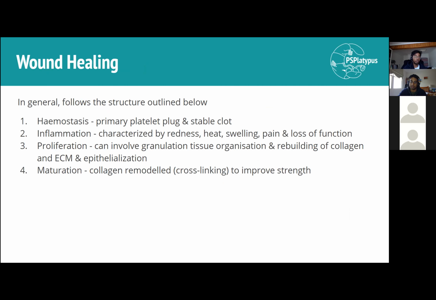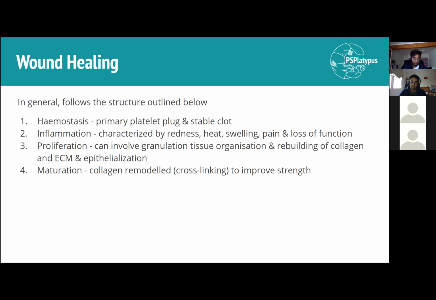But now we're gonna go through typically what happens in wound healing. So there are 4 different steps, right? Hemostasis, hemo meaning blood, stasis meaning stopping of. So we have stopping of bleeding through a primary platelet plug and a stable clot. And then we have inflammation. That's the stuff we already know: redness, heat, swelling, pain, loss of function.